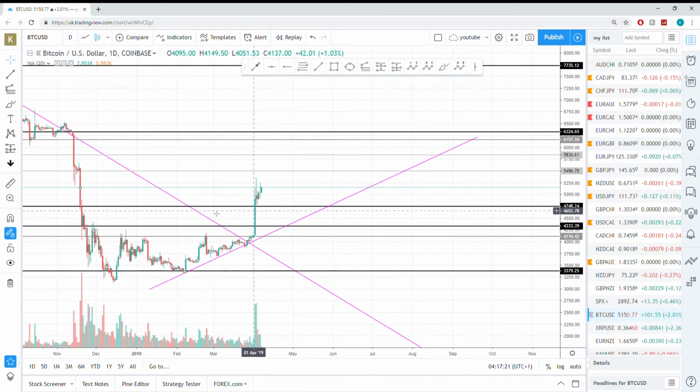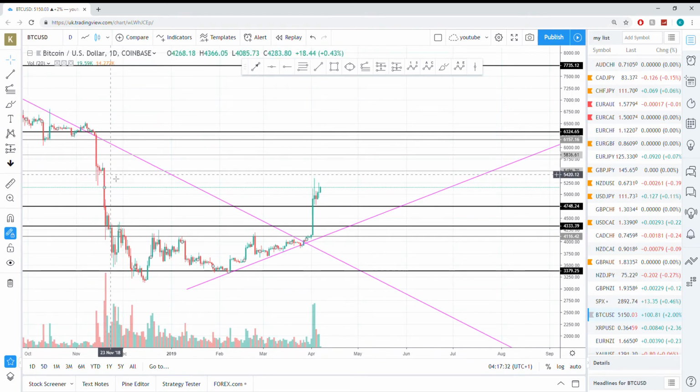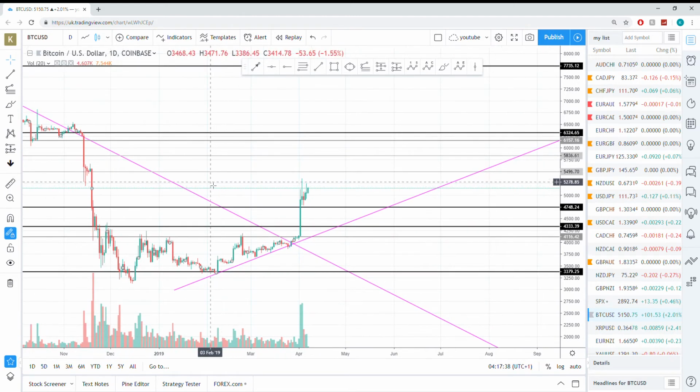So we currently are retesting and aiming towards the 5,500 mark. And this is the US dollar version, right? We have to wait until we see what happens at the 5,500 mark.